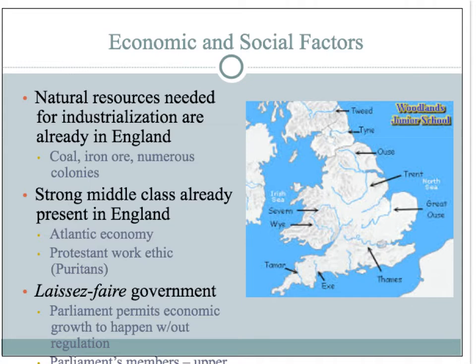Britain has a lot of things in place that help it grow in terms of business and economic growth. First of all, natural resources. These factories are going to need coal and iron ore to power, especially coal, to power their machines. Now, at least the early machines and factories are going to be powered with water at the beginning.